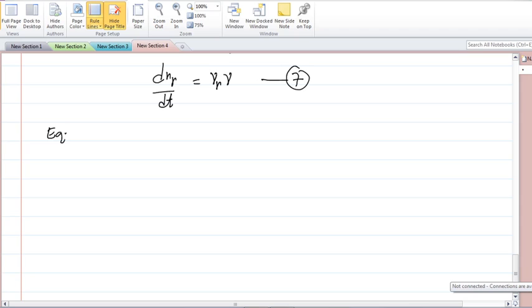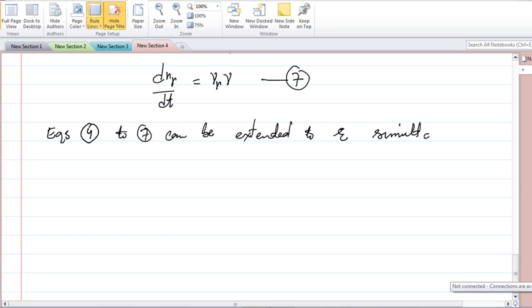Also equations 4 to 7, up to this equation, can be extended to R simultaneous reactions, suppose designated by indices rho.